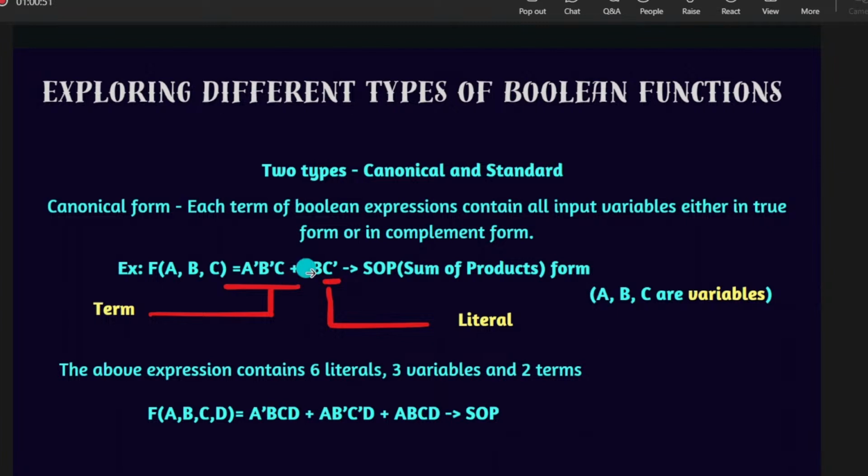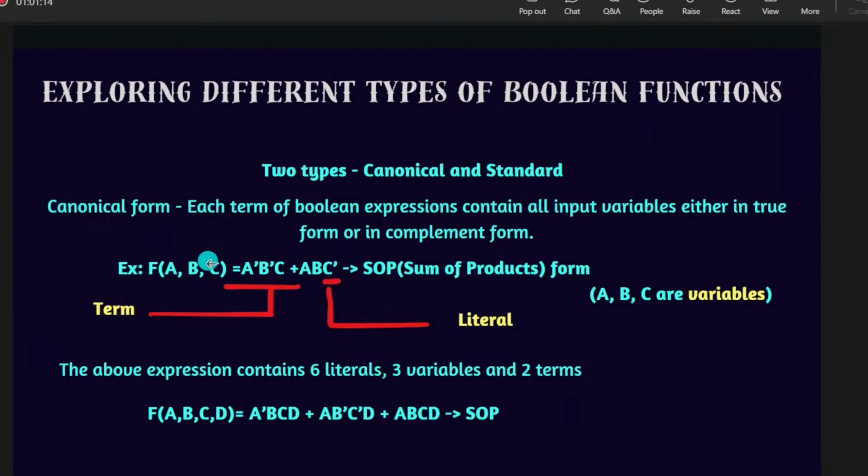So this represents a term. And what is a literal? Each part of the term is called a literal. This first example is in the form of sum of products, that is, I have products and I have added them. So the above expression contains six literals, that is three in each term, so a total of six literals.